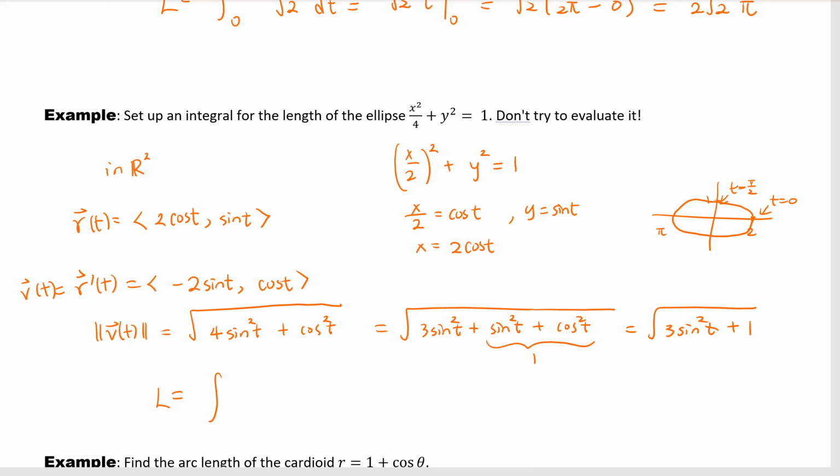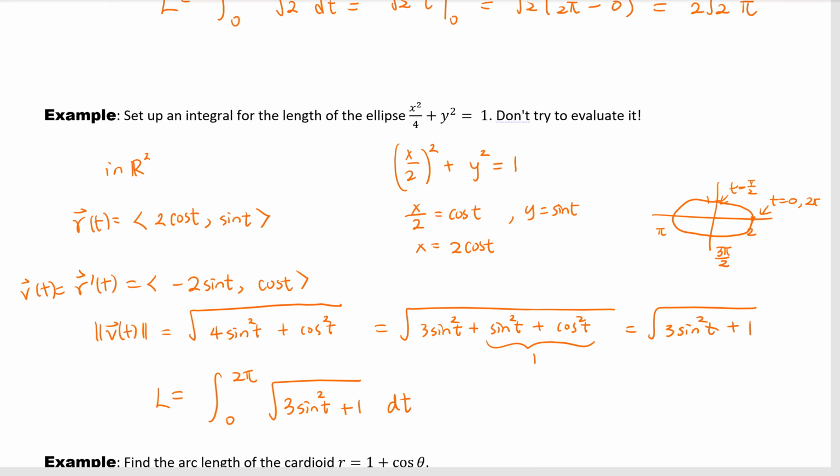This is when t is pi, when t is 3 pi over 2. And when t is 2 pi, we get back to this point. So the whole ellipse goes from 0 to 2 pi. And then we have the square root of 3 sine squared plus 1, dt. So this is the outline, okay?